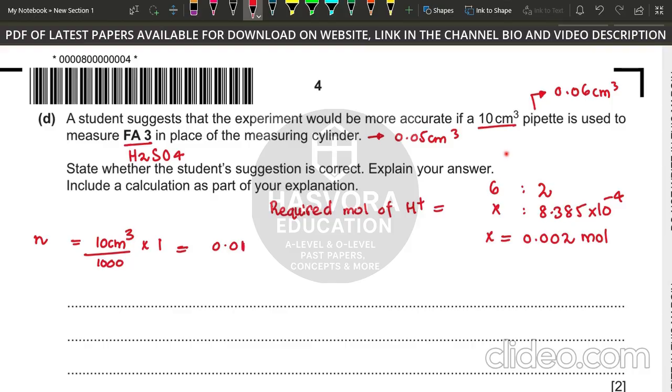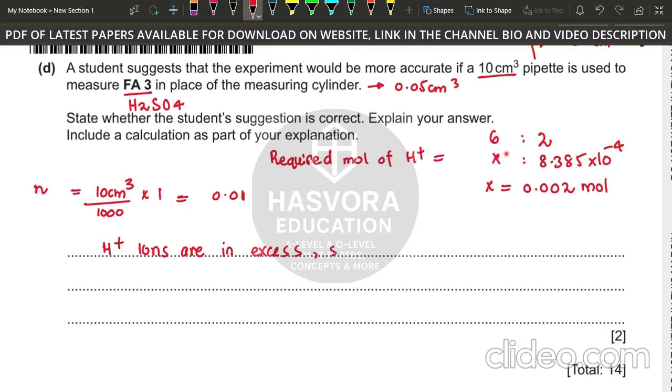0.01, okay. So the number of moles that are being provided is more than what we require. This means that the H+ ions are in excess, the H+ ions are in aqueous, so the accuracy of the instrument doesn't matter, because we are adding that in excess.